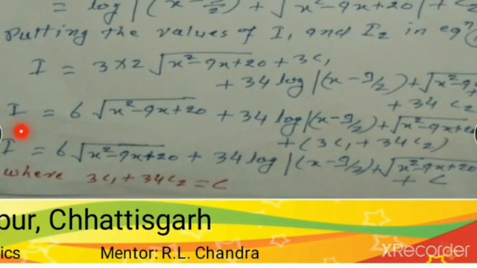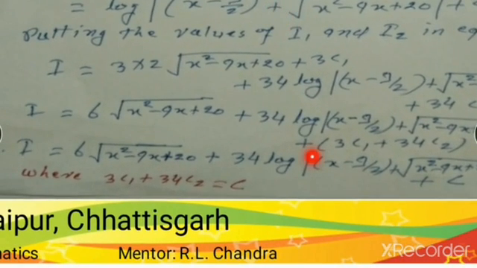Here I is equal to 6 root x square minus 9x plus 20 plus 34 log absolute value x minus 9 by 2 plus root of x square minus 9x plus 20 plus these constants 3c1 plus 34c2. This constant can be represented by another constant c. I have represented 3c1 plus 34c2 as another constant c. This is our required answer.